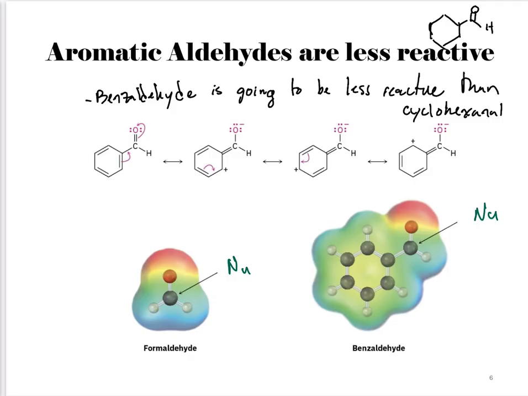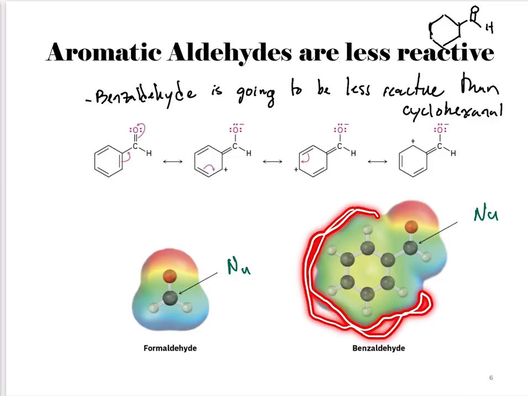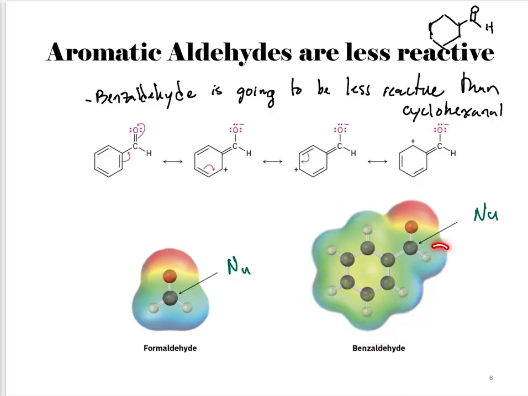Whereas when we have the whole aromatic ring that we share electron density with here, you can tell because there's a lot more green here. There's really only this small little blue area right here, right? That means that this electrophile isn't as good of an electrophile, or it's not going to be as easily attacked by a nucleophile because more electron density is shared with this aromatic ring here.